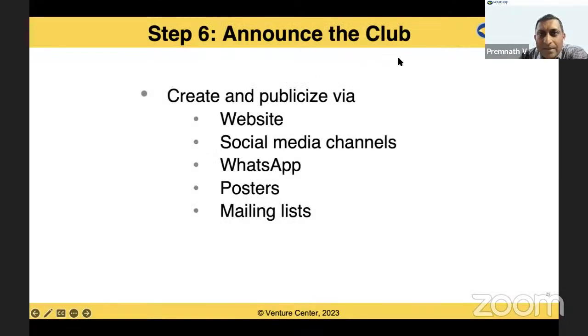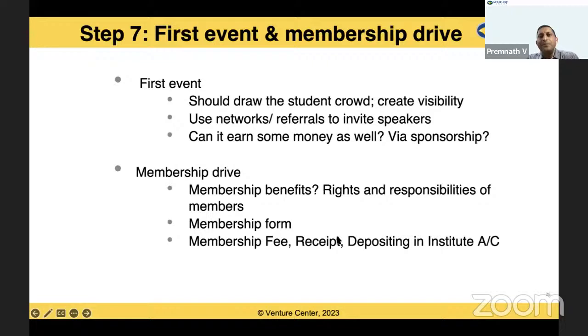Right. Step 4 is about announcing the club, right? And I think most of you would be masters of websites, social media, WhatsApp, posters, and mailing lists. And this basically announces the club, and you're ready for your first event and membership drive.